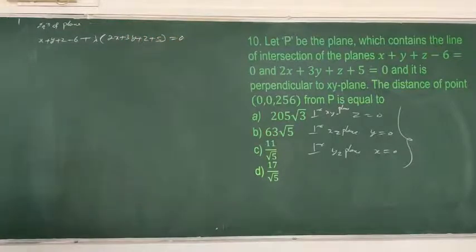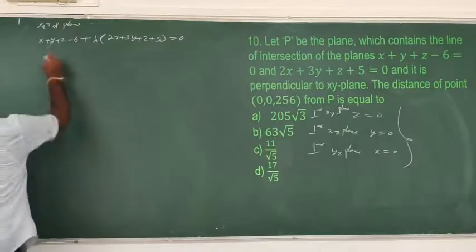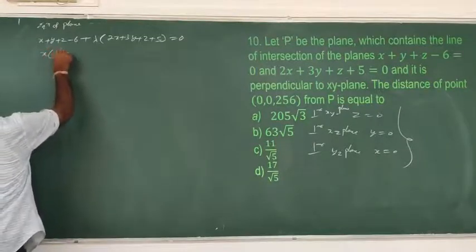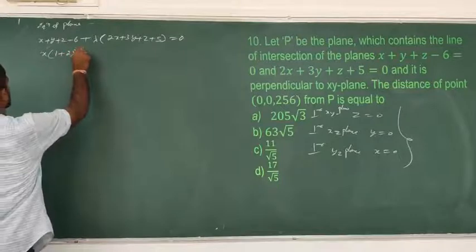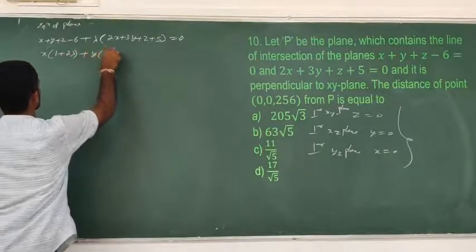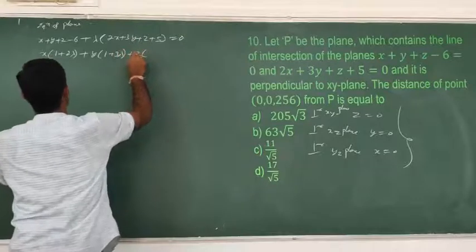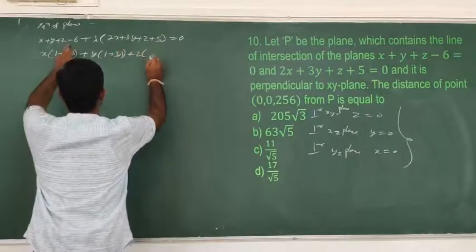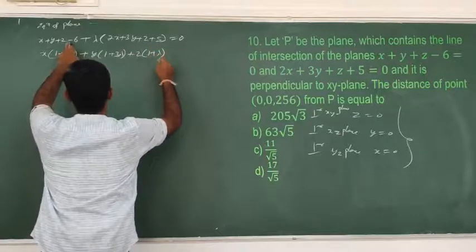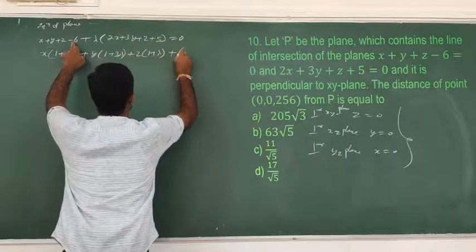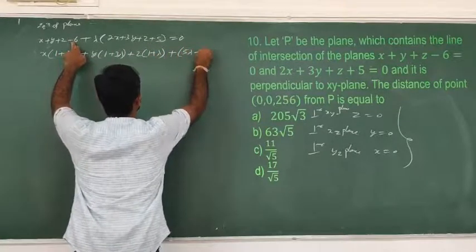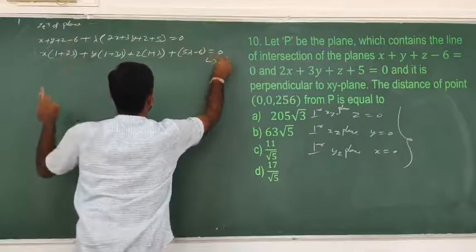Now this can be written as x into 1 plus 2 lambda plus y into 1 plus 3 lambda plus z into 1 plus lambda plus 5 lambda minus 6 is equal to 0. Call this as equation 1.